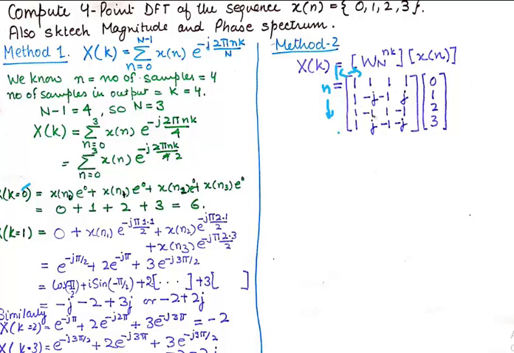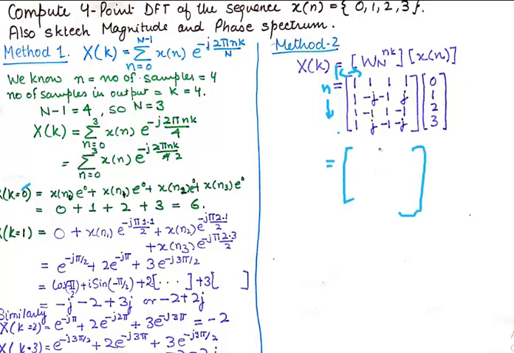So the 4x4 Twiddle factor looks like this: 1, 1, 1, 1 the first row, the second row is 1, minus j, minus 1, j, the third row is 1, minus 1, 1, minus 1, and the fourth row is 1, j, minus 1, and minus j, and you multiply this with x of n. The rest of the process is pretty simple.